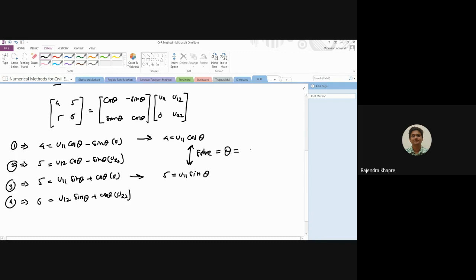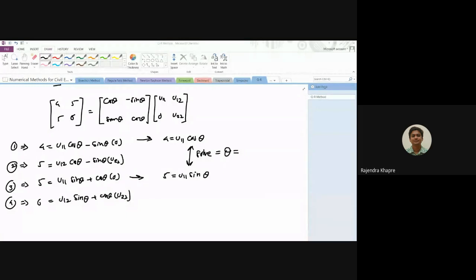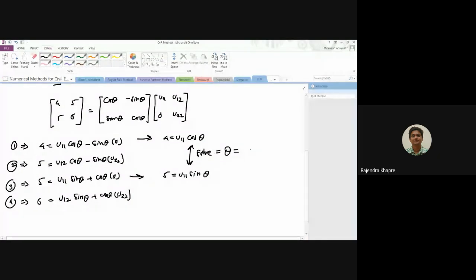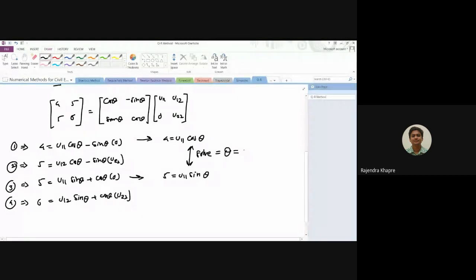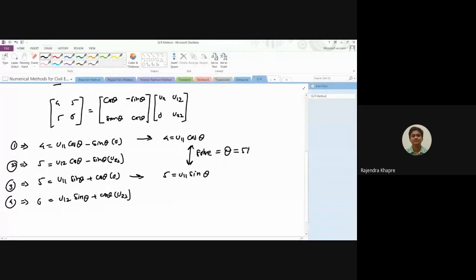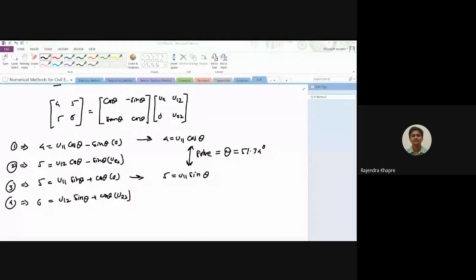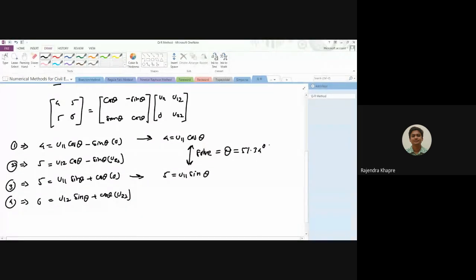Can you do this? How much will theta be? Let me check. 51.34. 51.34 degrees. Yes, everybody could get this.